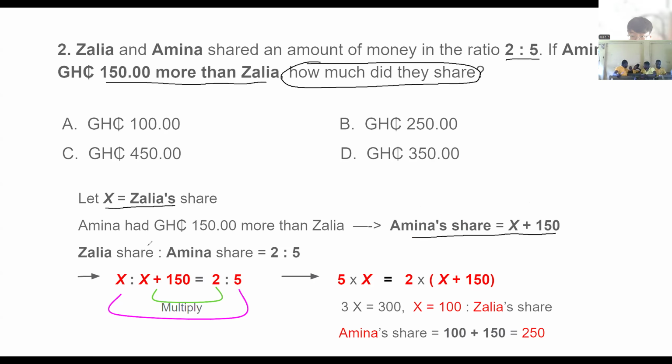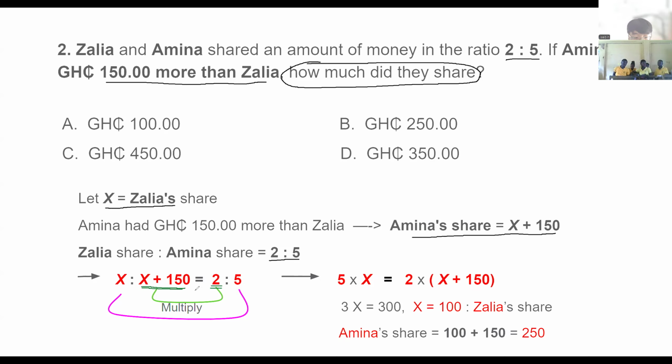And then the ratio from Zalia to Amina is 2 to 5. So X to X plus 150 is equal to 2 to 5. Everyone see this? And then what we can do next is cross multiply.